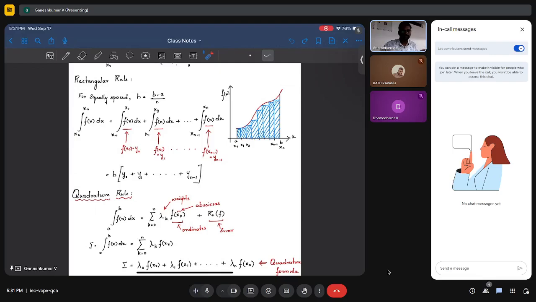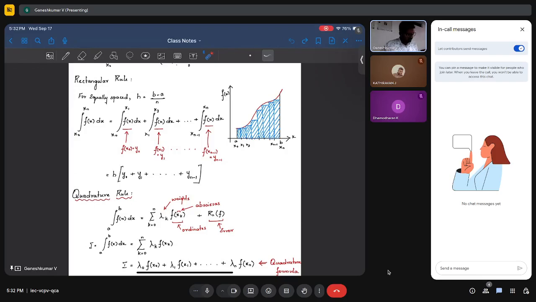There is also the trapezoidal rule, Simpson 1/3, Simpson 3/8. All these rules we can go forward with. Okay, so this is your function, and your x naught and f are given at each and every point. These values are given, but we don't know how exactly it varies in between, and the x's are given.